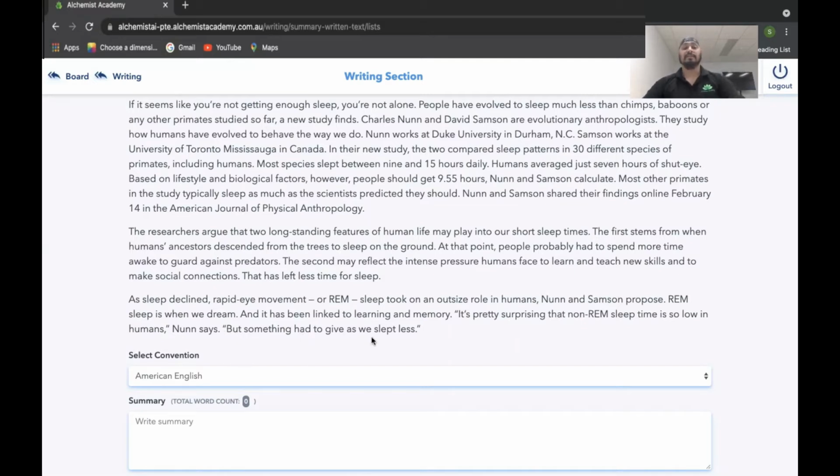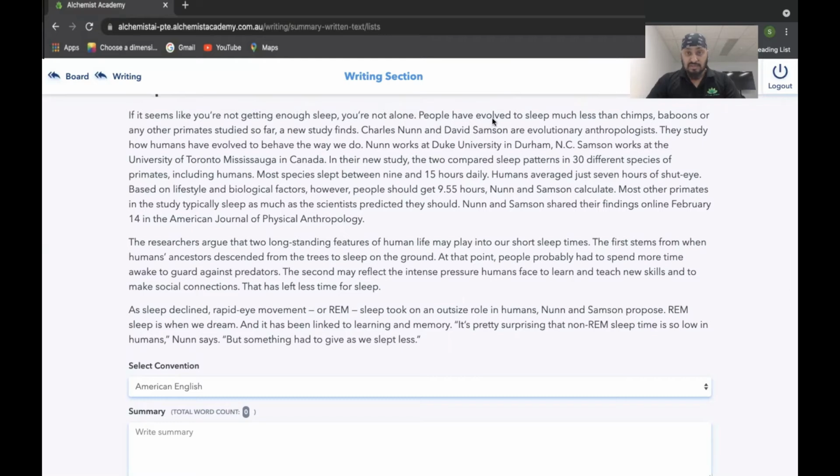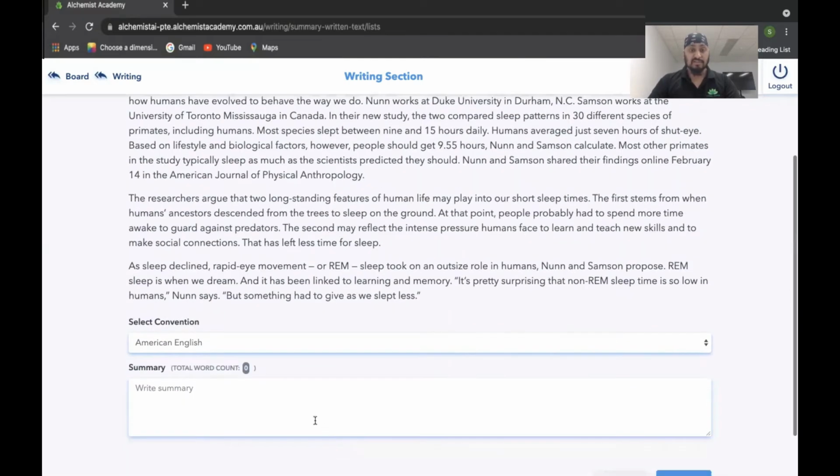Okay. For sure, what we skimmed and scanned, we said it is about some kind of study. It is related to sleep, it is related to humans, and comparison to species. Okay. If I go paragraph by paragraph, from this paragraph, I'd like to take this sentence here. People, let's just write it down.